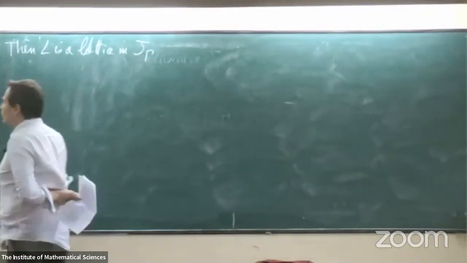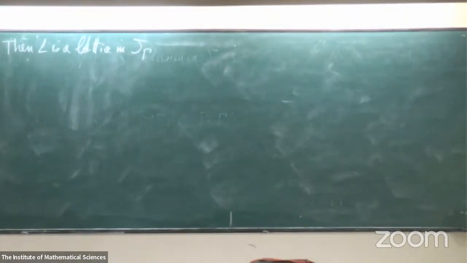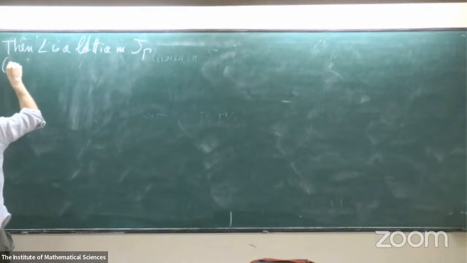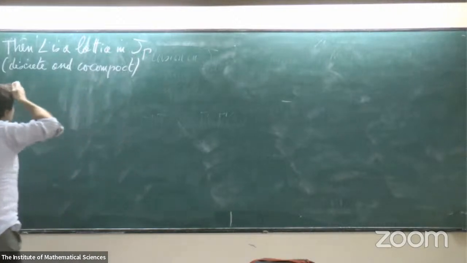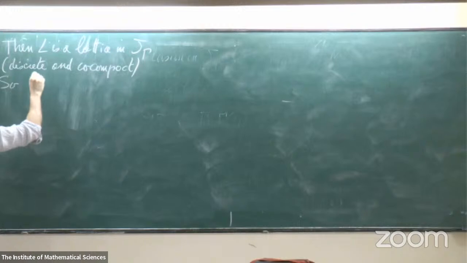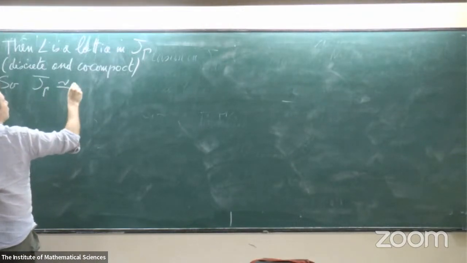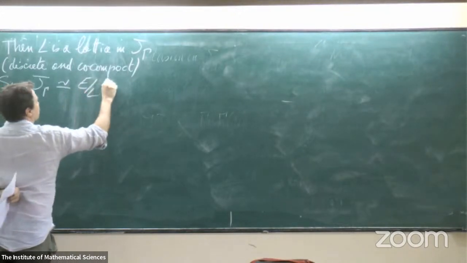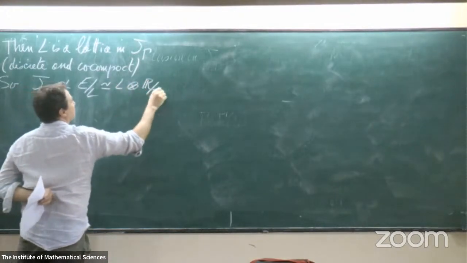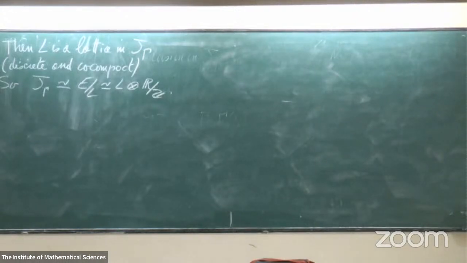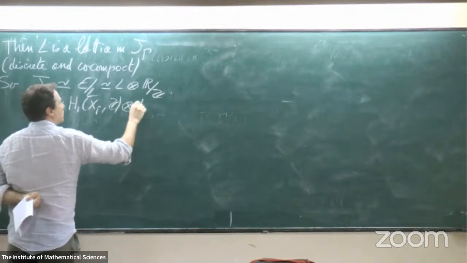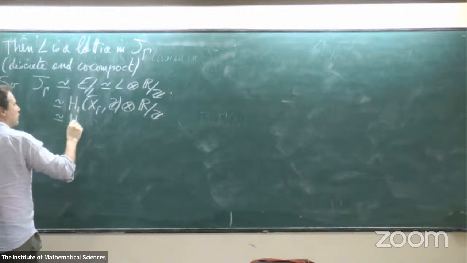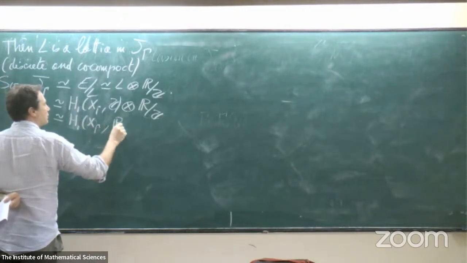In J gamma, a lattice means it's a discrete co-compact subgroup of E. So you can identify J gamma with E mod L, which is the same thing as L tensor R mod L, which is the same thing as H1 of X gamma Z tensor R mod Z, which is also the homology with coefficients in R mod Z.